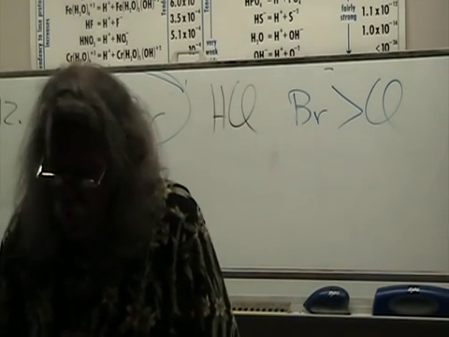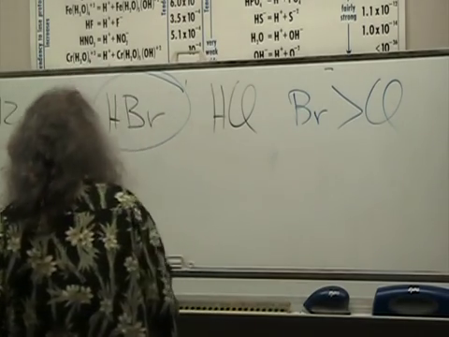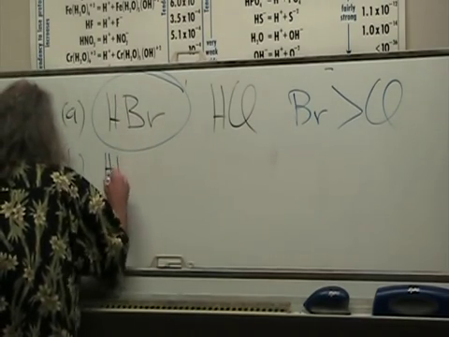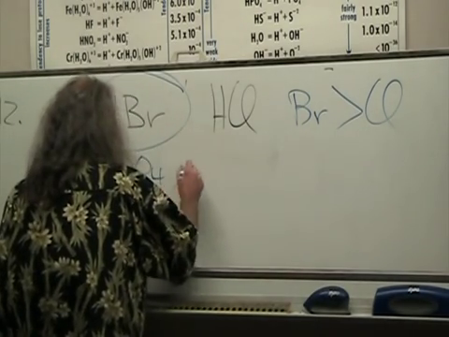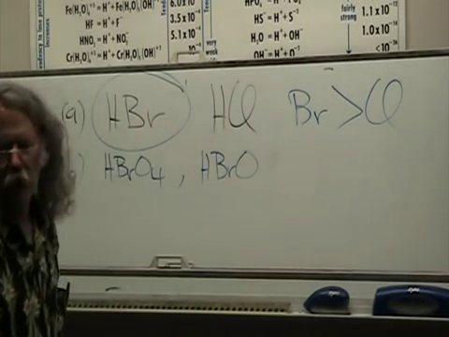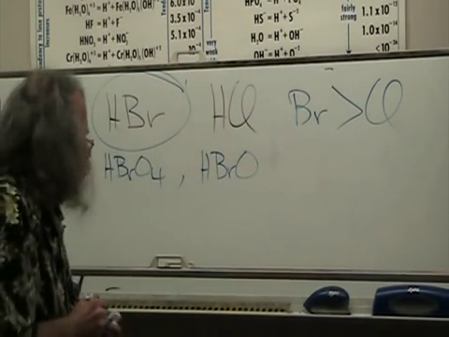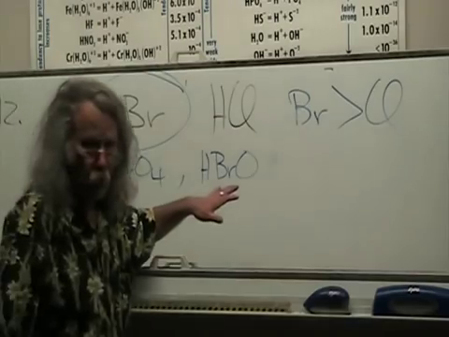perbromic acid versus hypobromic acid. Now, in this case, it's not a binary acid. It's what we call an oxoacid.